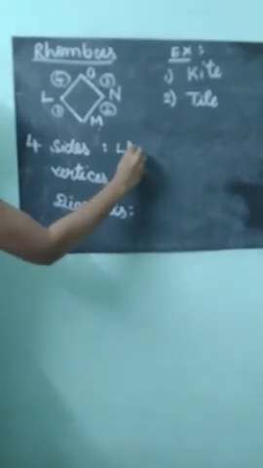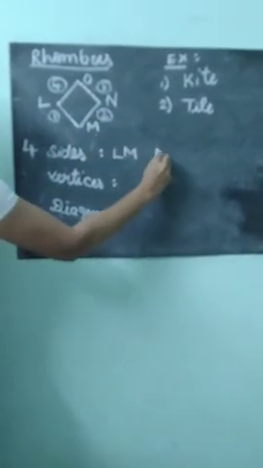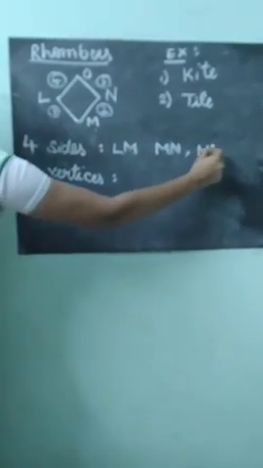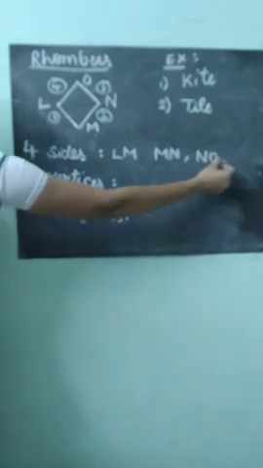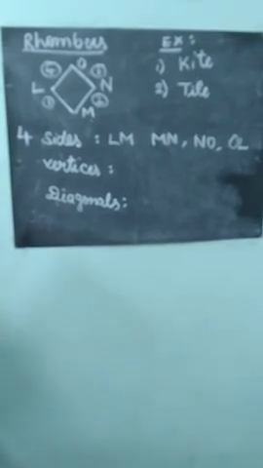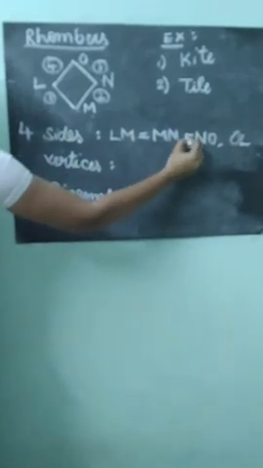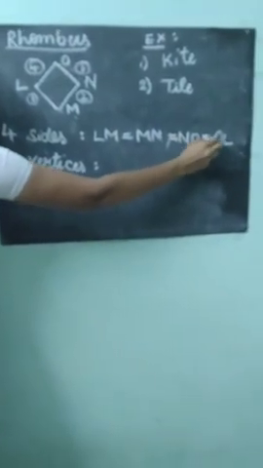LM, MN, NO and OL. All 4 sides are equal. So LM is equal to MN equal to NO equal to OL.